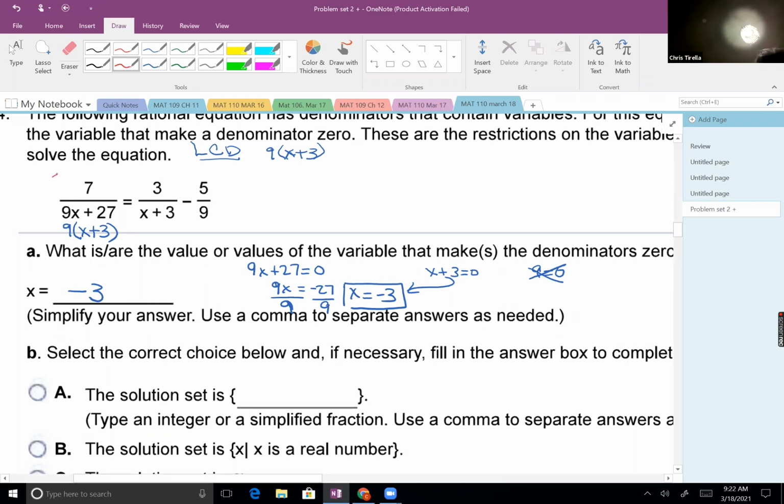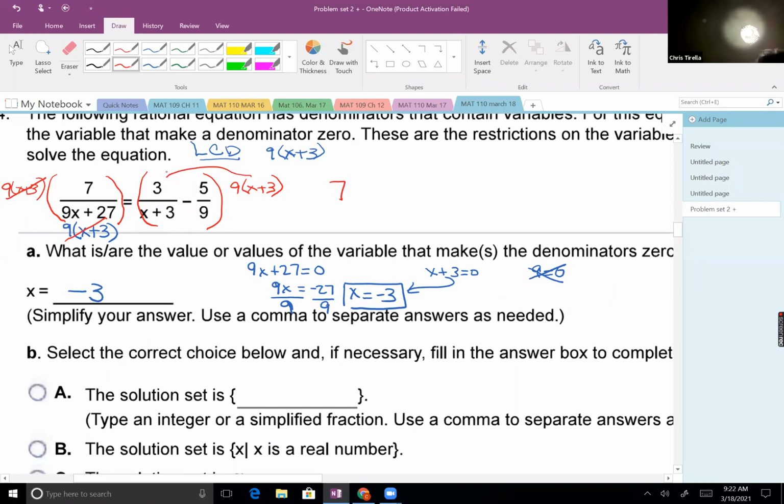So now I'm going to take both sides of that equation, put big parentheses around it, and multiply both sides by that common denominator. This time on the left-hand side, the denominator cancels, and I'm left with 7.